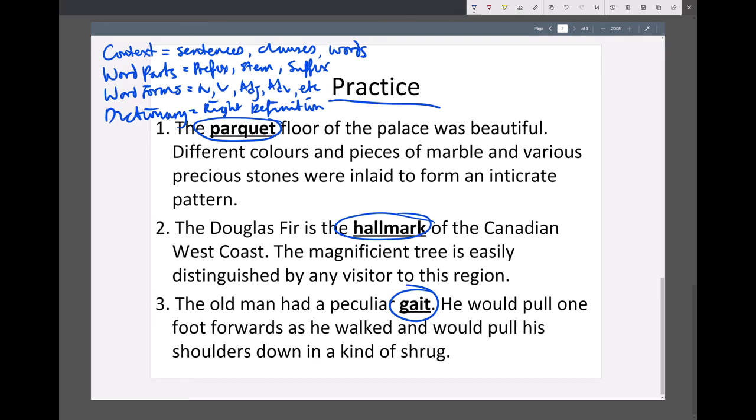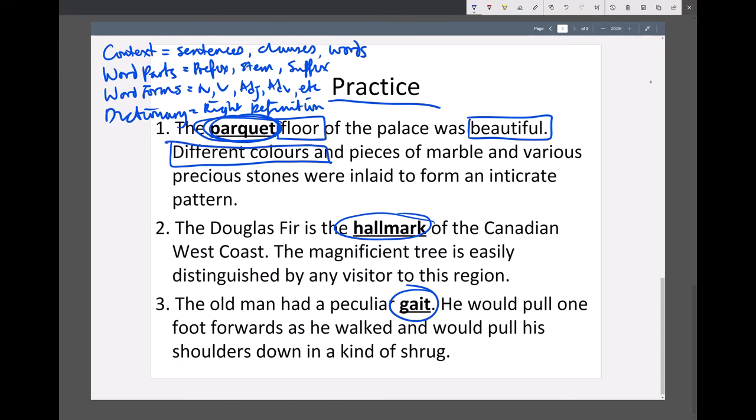The parquet floor of the palace was beautiful. Well, we know it has to do with the floor. Different colors and pieces of marble and various precious stones are inlaid to form an intricate pattern. So this parquet floor, the French is probably parquet, is a beautiful floor made of different colors.